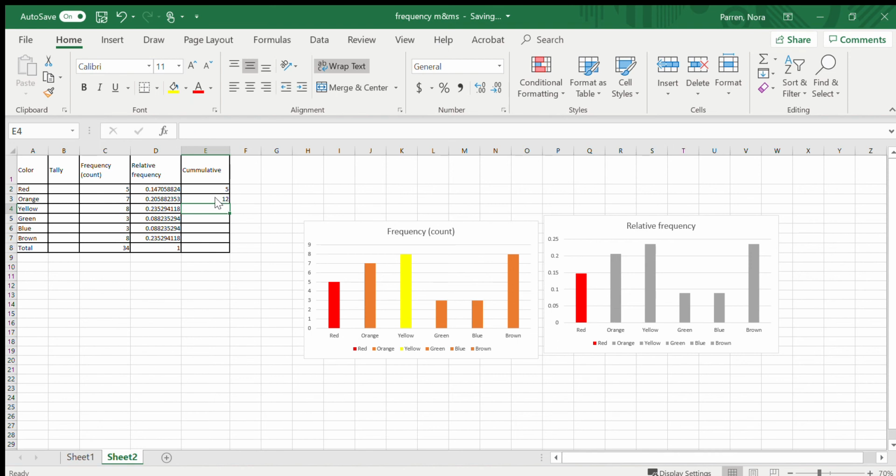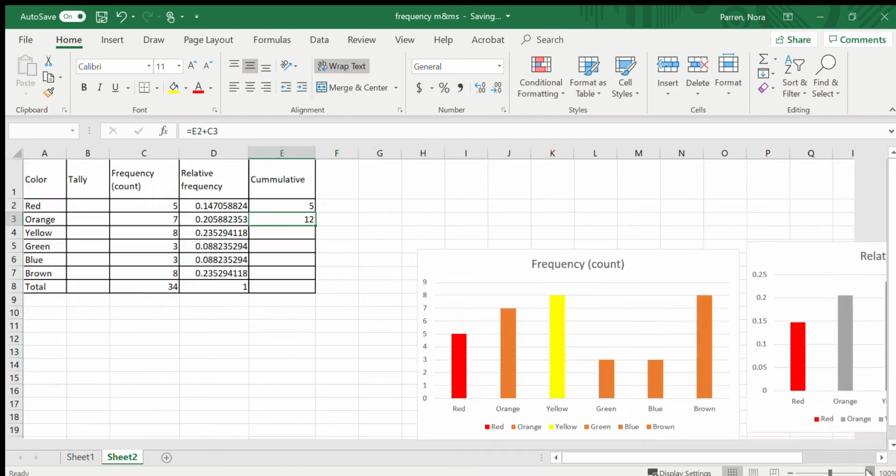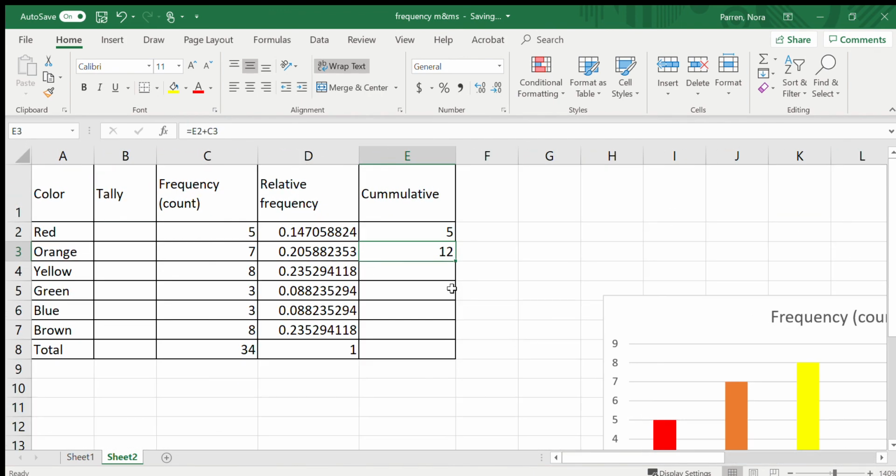Let me just show you what it looks like, and I should maybe zoom in a little bit on that. Okay, so it's column E, row 2 for the 5, and column C, row 3 for the 7, and so it's just adding those two values up. Now what I'm going to do here is say equals, and I'll do it the same way.